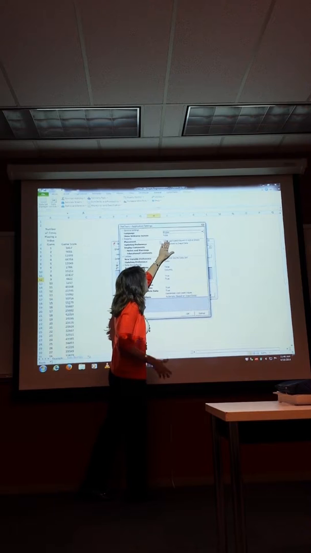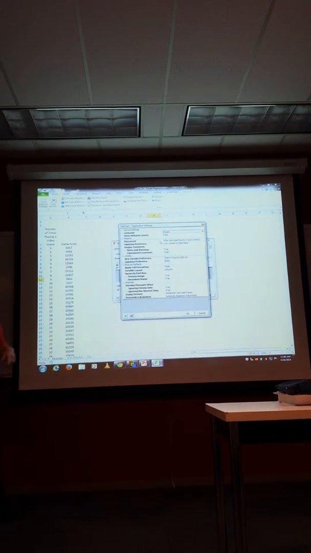Where is it going to place it? And you have a lot of choices of places that it can go. And the one that we're going to work with, and that we would want you to use the day you're taking the third test, would be to put it after the last used column in the active sheet.